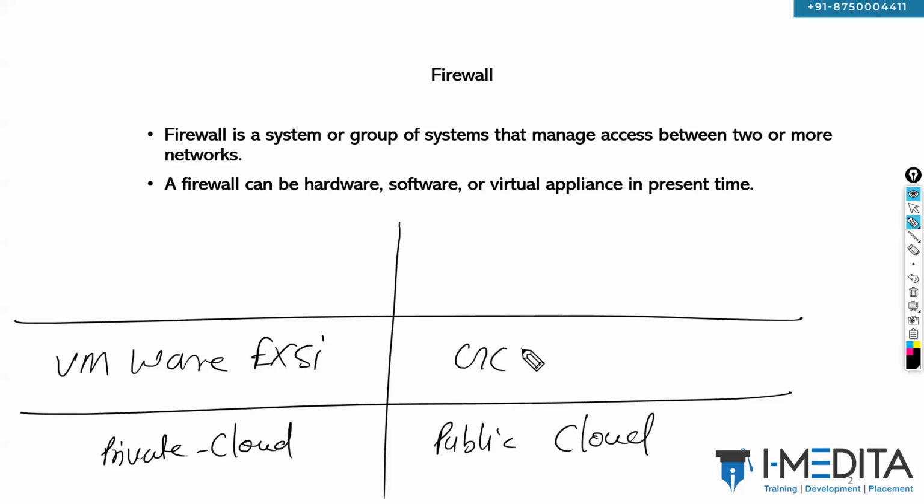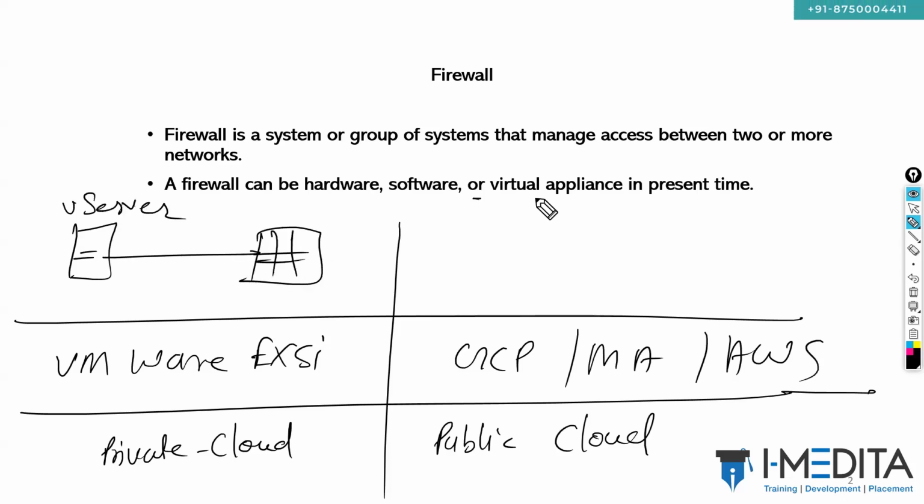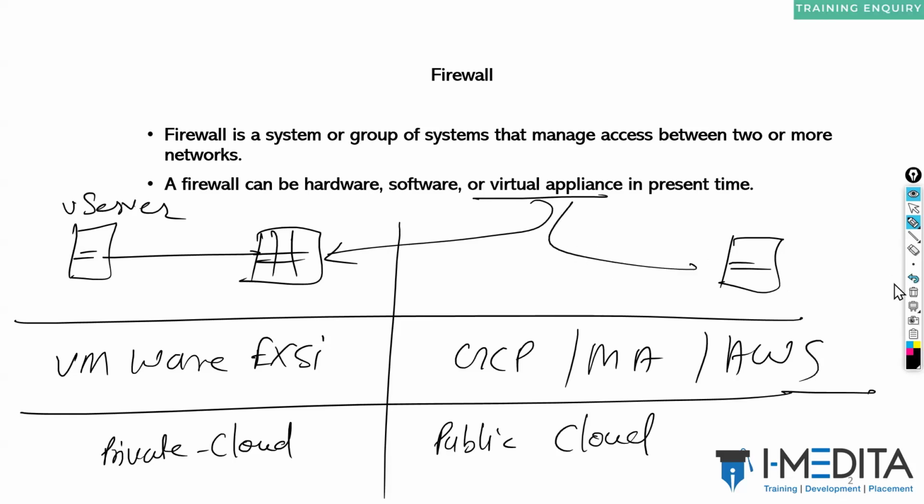And public cloud means Google Cloud Platform, Microsoft Azure, and Amazon Web Services. On private or public cloud, you can deploy your virtual server, and to protect the virtual server, we need a virtual appliance. Same here: on GCP, Microsoft Azure, as well as AWS, we can deploy virtual servers, and to protect those virtual servers, we need our virtual firewall.